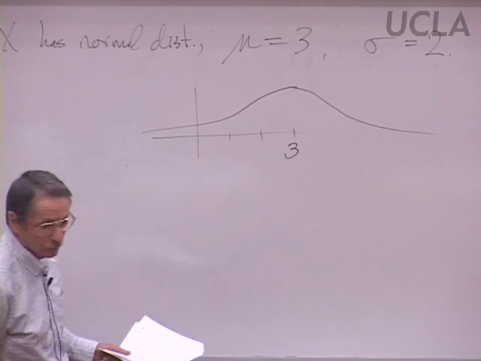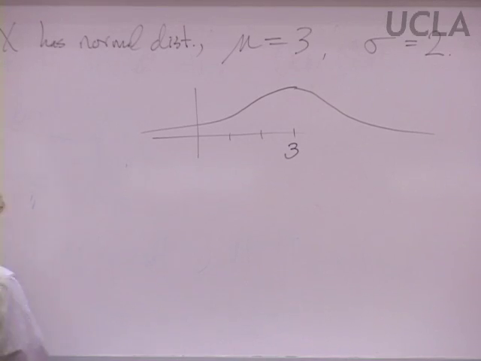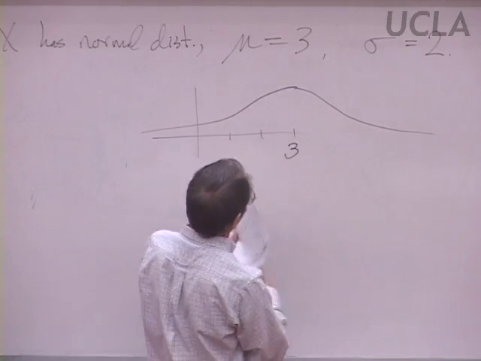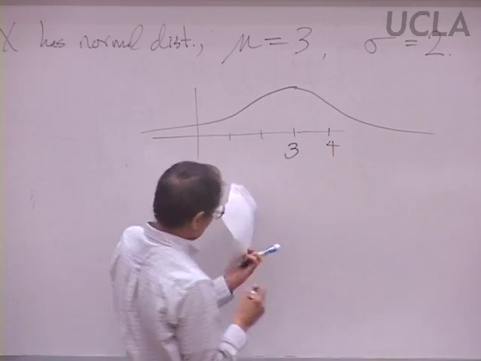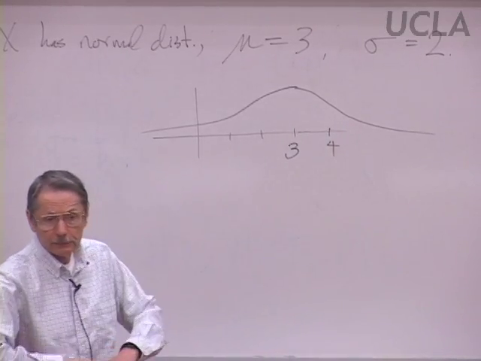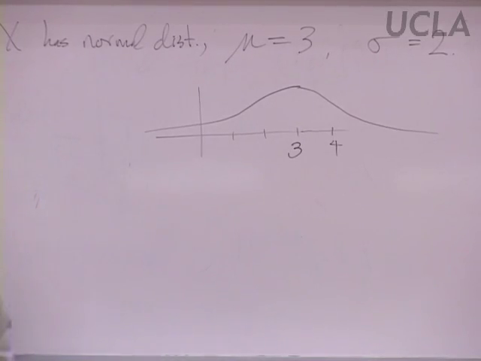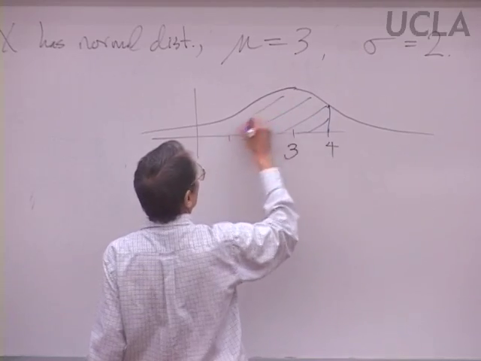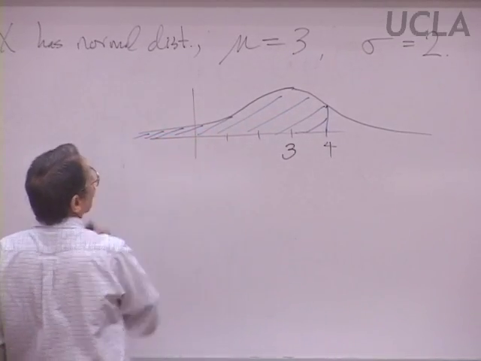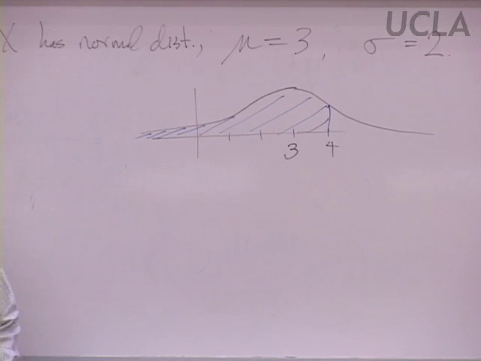And we need 4 in this picture. 4 is 4. And we want the probability that x is less than or equal to 4. That is, we seek that shaded area there all the way down to minus infinity.